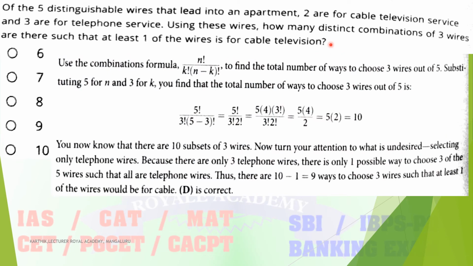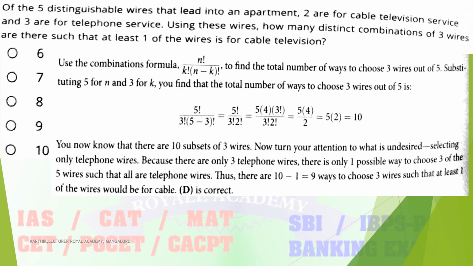So the formula for combination is this one. Total wires is how much? 5 wires, n is 5, and which combination do you want? Total 2 are cable television and 3 are telephone service. So how many different combinations of 3?